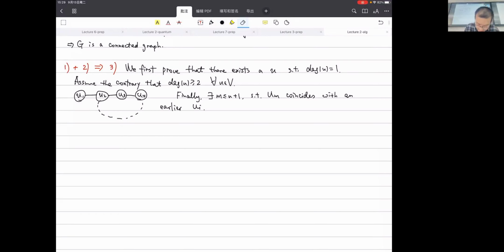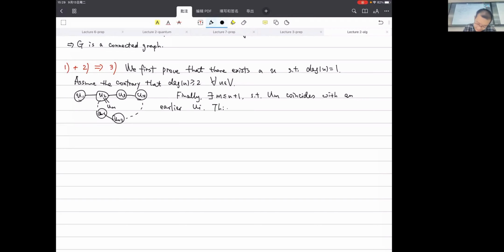Maybe basically this. Let me see. There's like u_{m-2} and u_{m-1}, and here this u2 equals to um. Because this graph is not an infinite graph, ultimately, if all the vertices have degree at least 2, you will get such a collision that um equals u2.